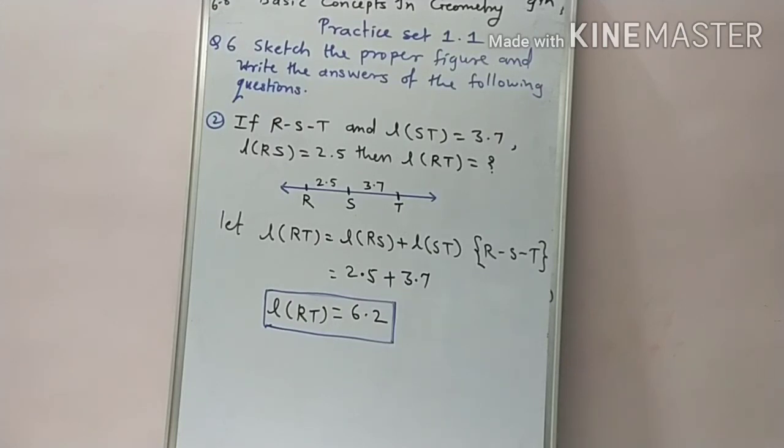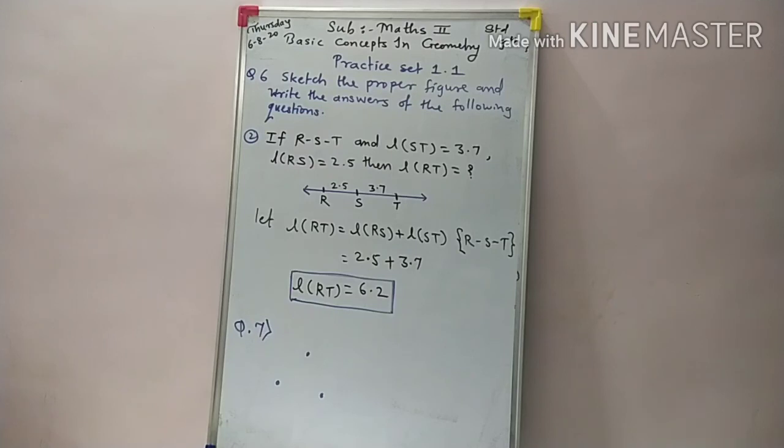And the 7th one is also simple. The question is, which figure is formed by 3 collinear points? Suppose you are given 3 non-collinear points. Non-collinear points means what? There is no one line passing through those 3 points.